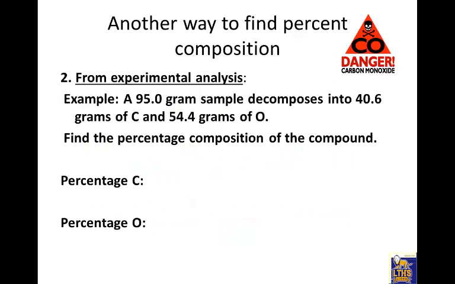Okay, but we can also do it from an experiment. All right, pretend we have 95 grams of a sample of a substance, and when it decomposes, we get 40.6 grams of carbon, 54 grams of oxygen. Well, percent of carbon is the part of carbon, 40.6 grams carbon, over the total, which is 95.0 grams total.